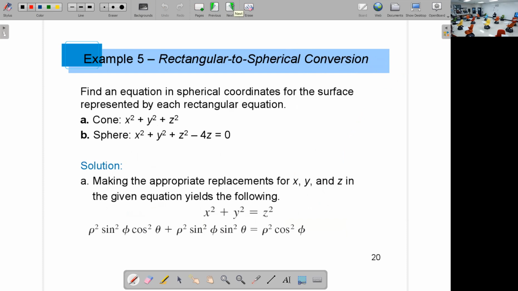Okay, some of the equations. I mean, this looks ugly, right? But it's really not that bad if you think this whole thing is just r squared cosine squared, and this thing is r squared sine squared.